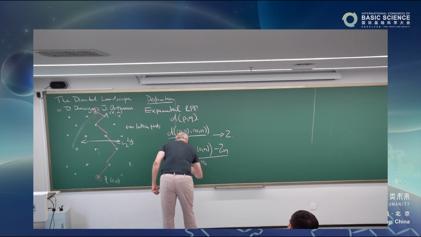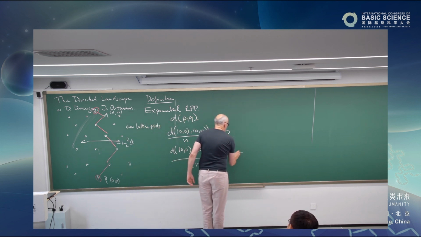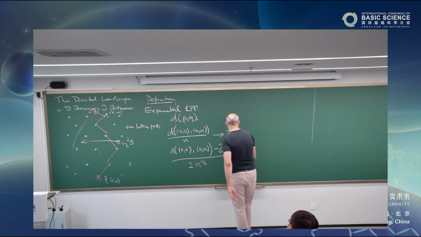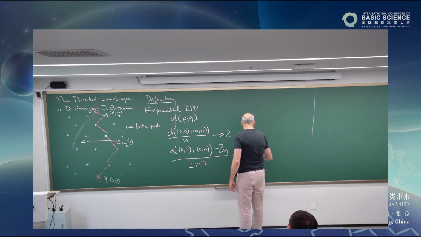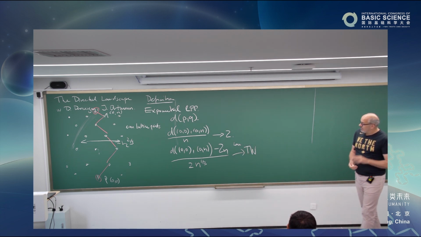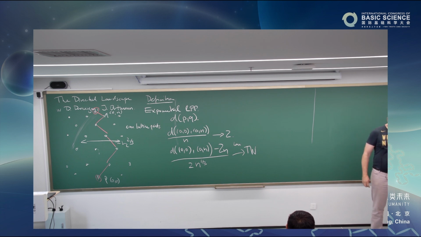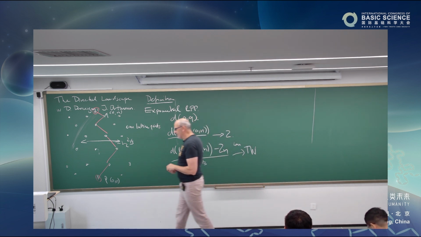So Johansson proved that if you divide this by 2 times n to the 1/3, then this converges, and this is a convergence in law, not an almost sure convergence. It has a limit, which is the GUE Tracy-Widom distribution, also known as the limiting distribution of the top eigenvalue of a random Hermitian matrix.